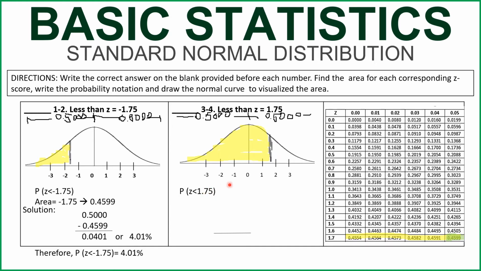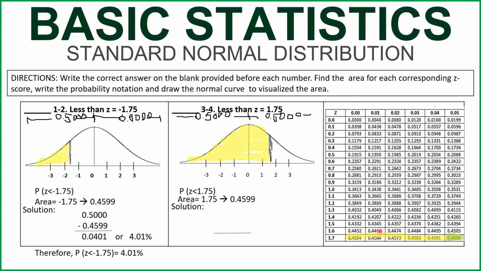So, we'll get the area. It's the same process. Since we already know the area, because the area of positive and negative 1.75 is the same, right? So, that is positive 1.75, which is still 0.4599. So, let's proceed to the solution.